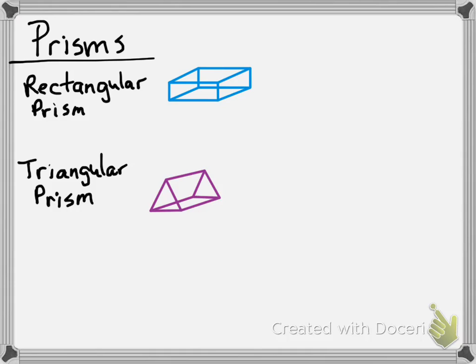Now you notice, what shape are the sides? Well, for the triangular prism, the sides are rectangles. And for the rectangular prism, the sides are rectangles. That's the case for any prism. The sides that aren't the bases are always rectangles.